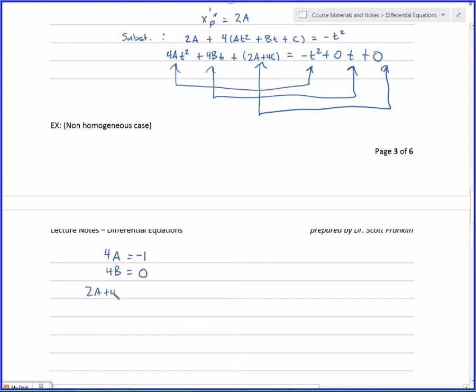And 2a plus 4c has to equal 0. Which means a is negative 1/4. b is 0. And so 2 times negative 1/4 plus 4c equals 0. That's negative 1/2. Add to the other side, you get 4c equals 1/2, or c is 1/8.